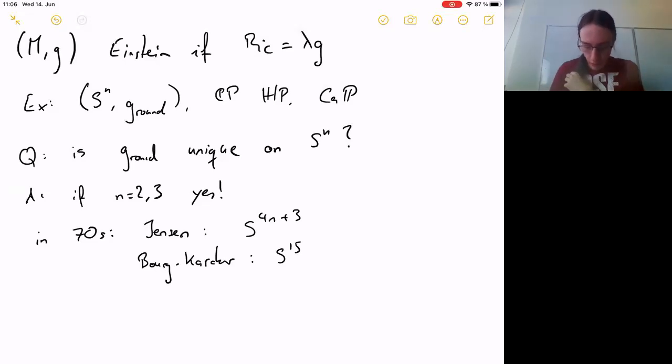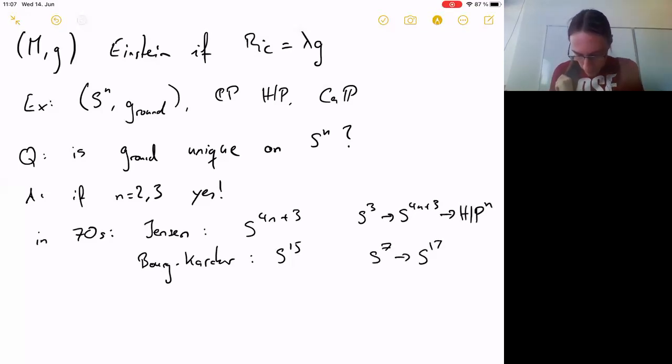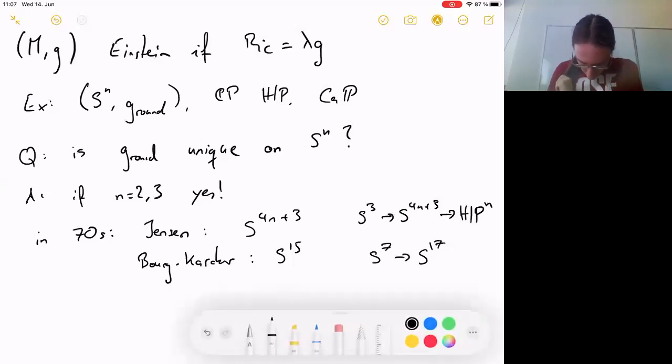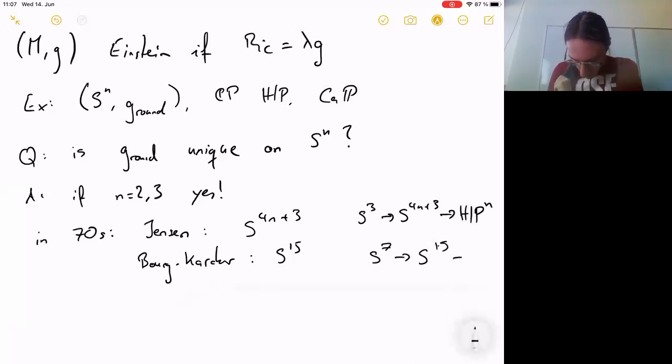The way you do it is you take your favorite Hopf fibration, which goes like S^3, S^{4n+3}, HP^n, or S^7, S^15, OP^1, and you change the size of the fiber.